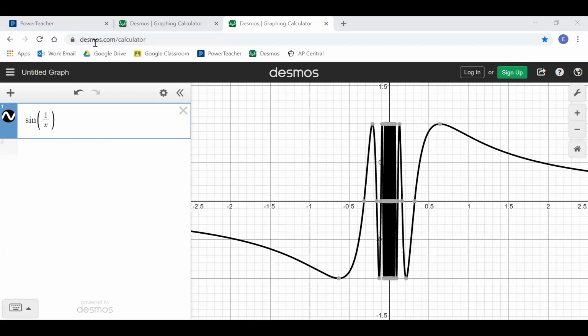I'm assuming it goes up and down infinitely. It looks like it goes up and down infinitely, right? But can we be sure of that? How do we know for sure?